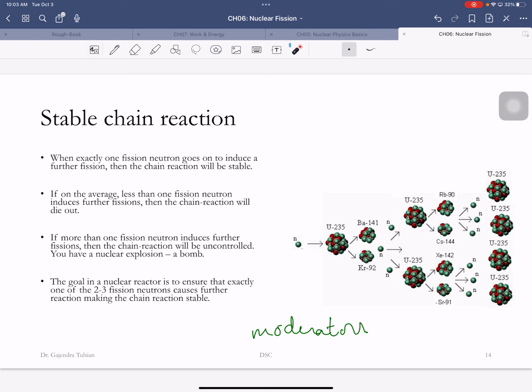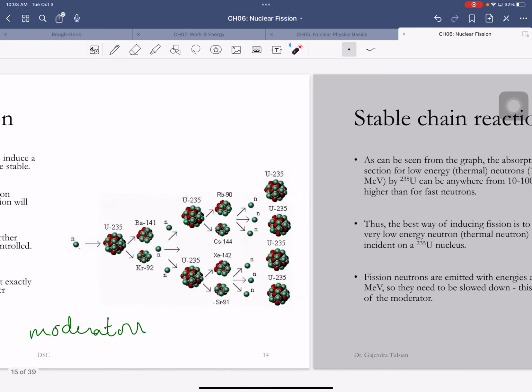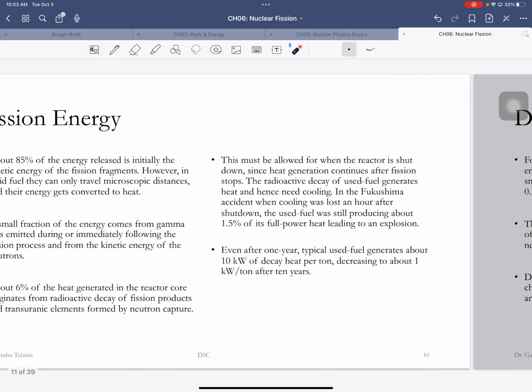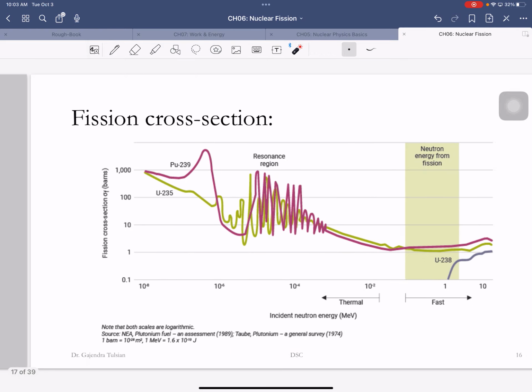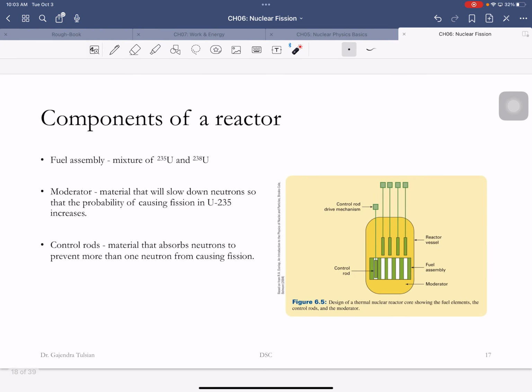All right, so here are the components of a reactor. Fuel assembly. What is the fuel in your nuclear reactor? Uranium. Very good.